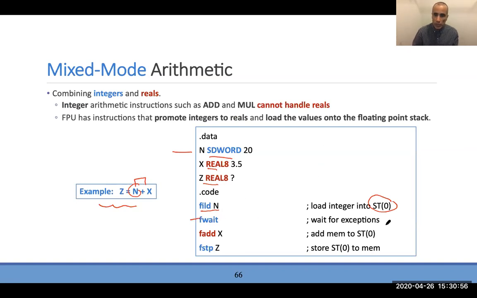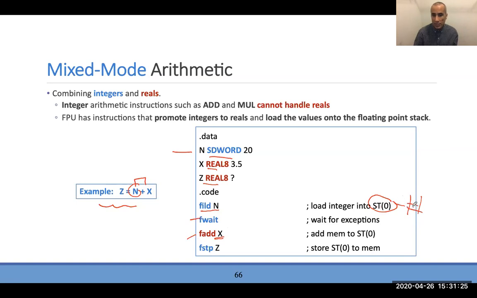And then once we do this, we know the top of the stack is there. So we're going to say add x. This is an add with one operand and it's memory. So it's going to add this memory to ST0. So the top of the stack now is going to be the added value. Remember, when we use an argument with add, mul, div, subtract, all of them, the top of the stack is going to have the result, but it's not going to be popped automatically.